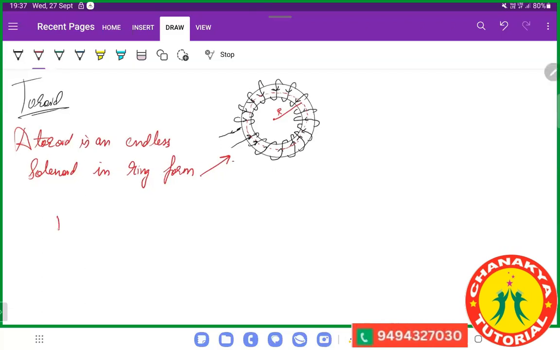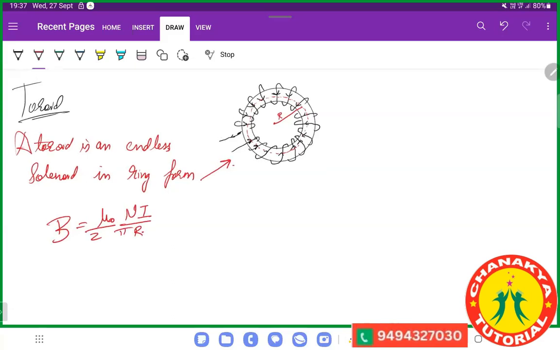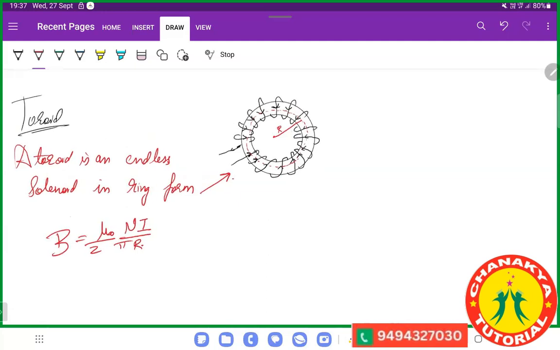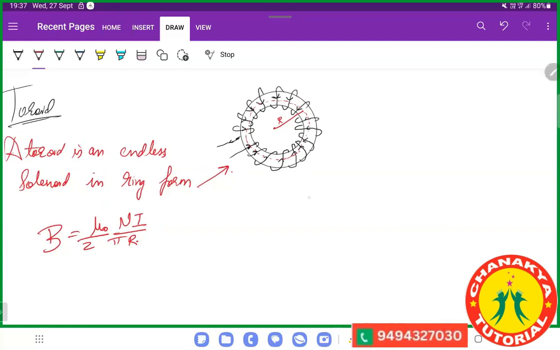So this one, B equals mu naught by 2 pi, N i by R. Because of this Ampere circuital law: the cyclic integral of B dl equals mu naught I. So dl is your 2 pi r.